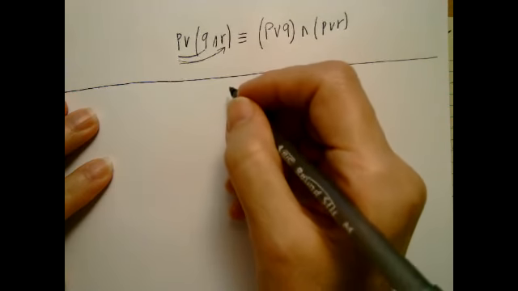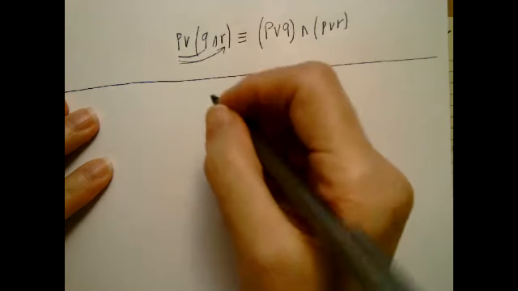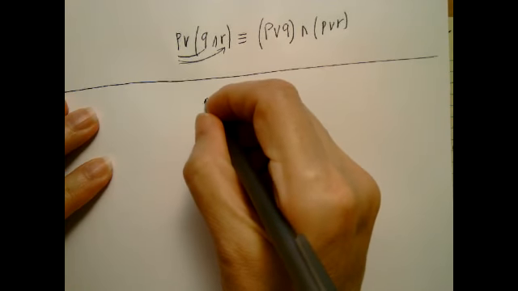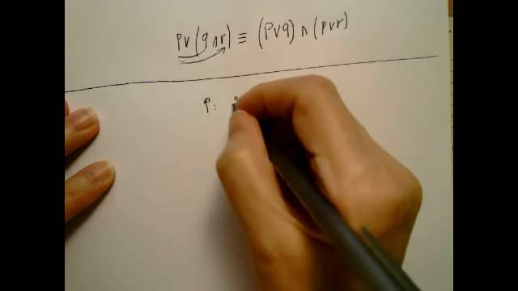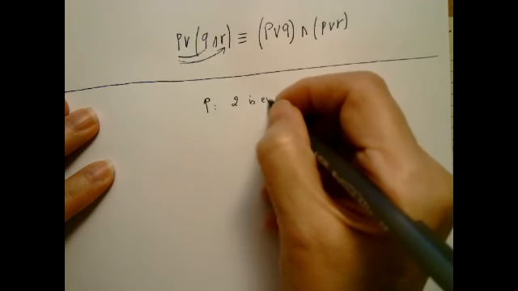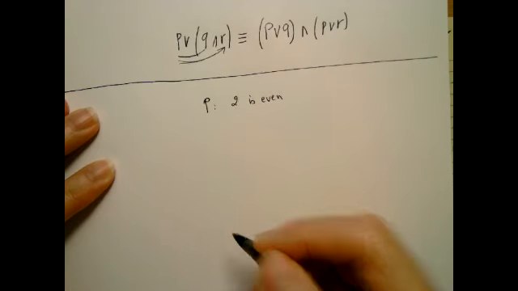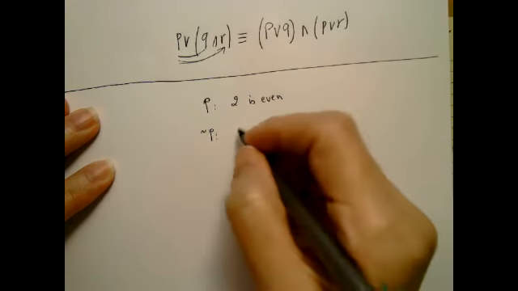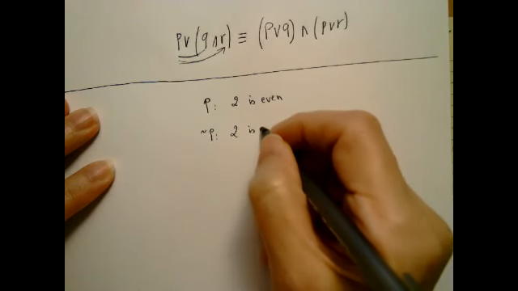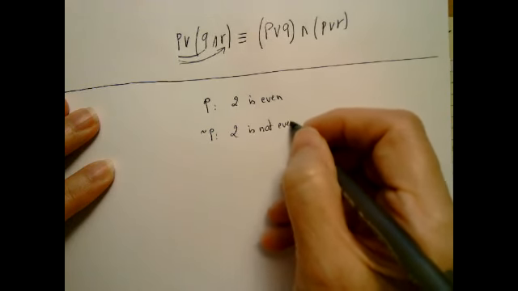negation. Now, let us remember what negation is. We know very little about negation. If you have a statement P, a very simple statement, nothing really deep about it, of the form 2 is even, then the negation is: it's not true that 2 is even, it means 2 is not even. So the negation is not.